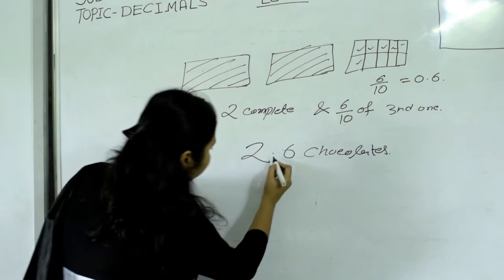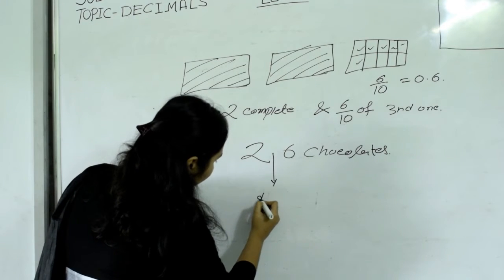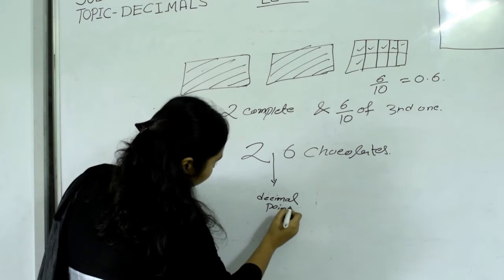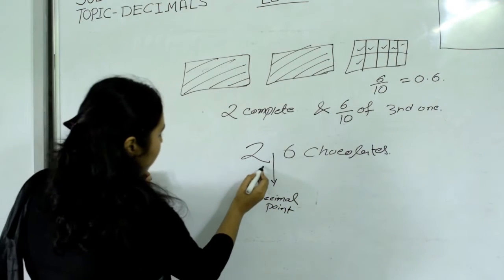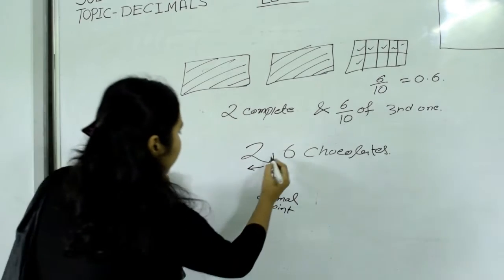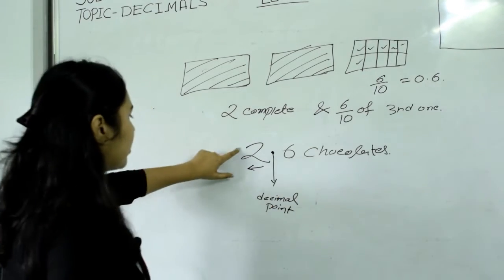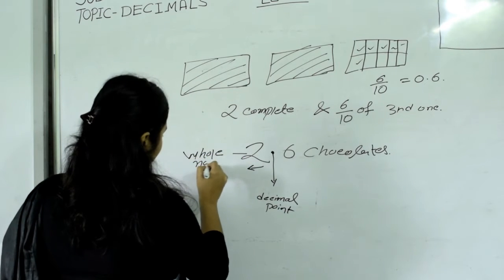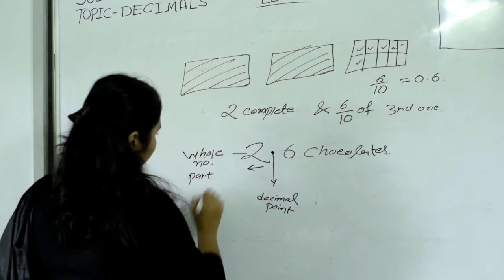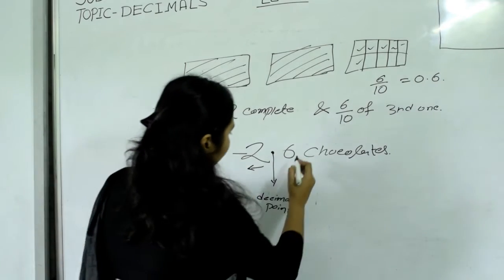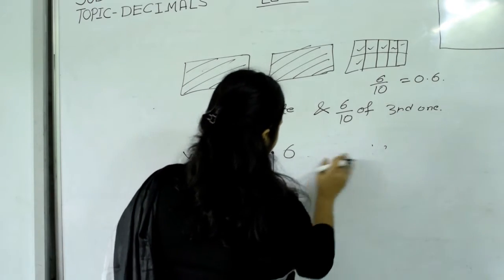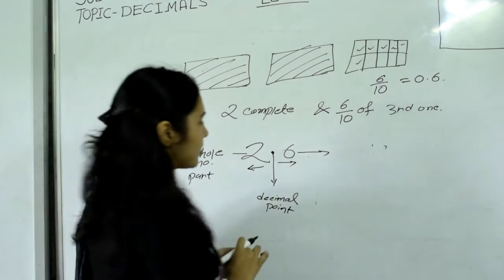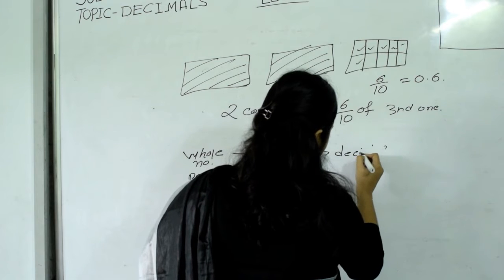Here this point is known as decimal point. Okay? And this part before the decimal point is known as whole number part, and this part is known as decimal part.